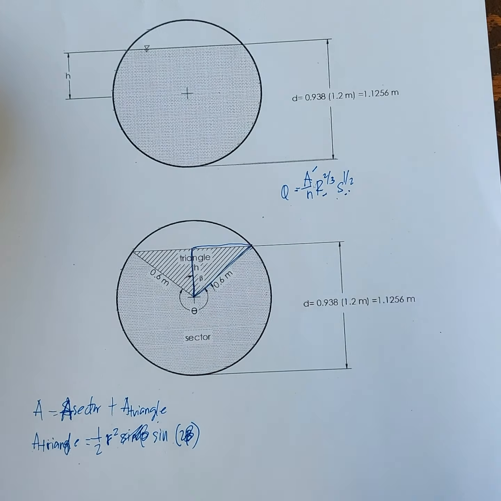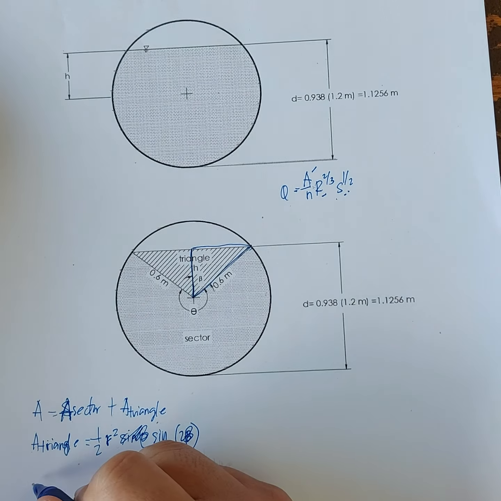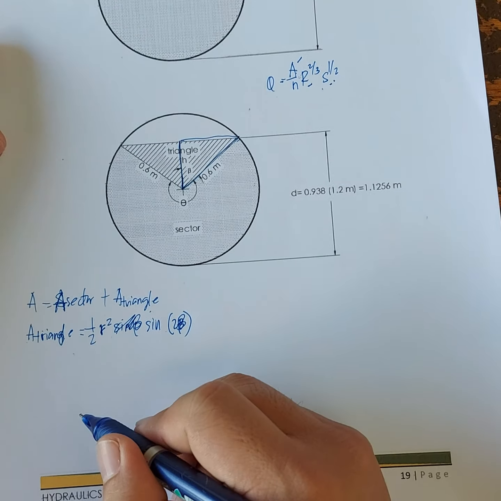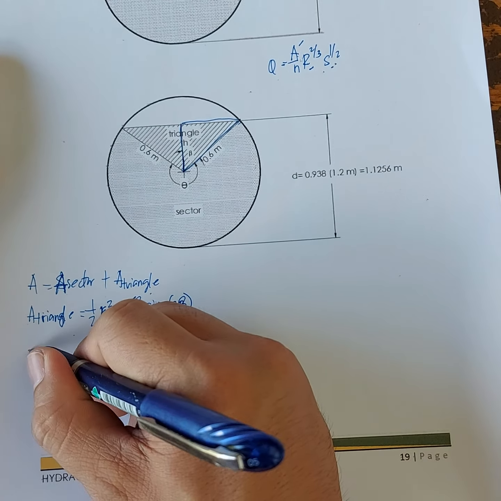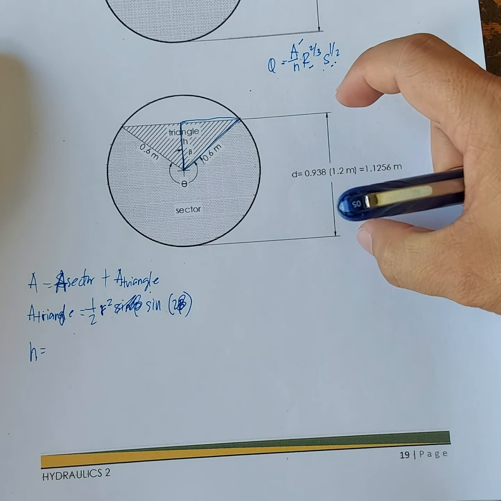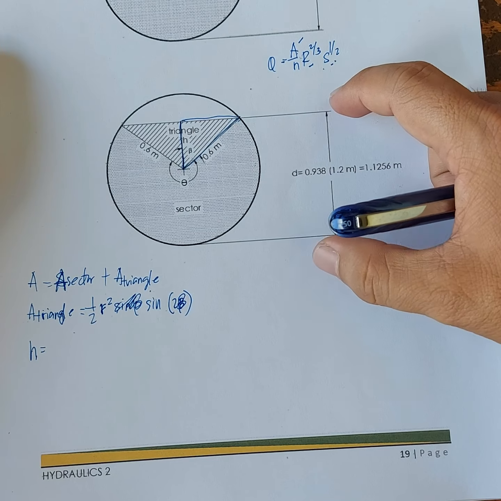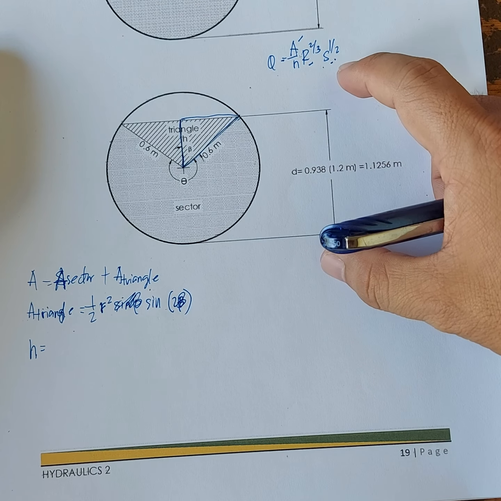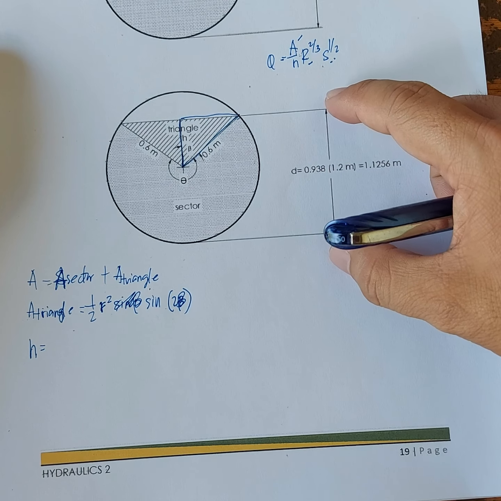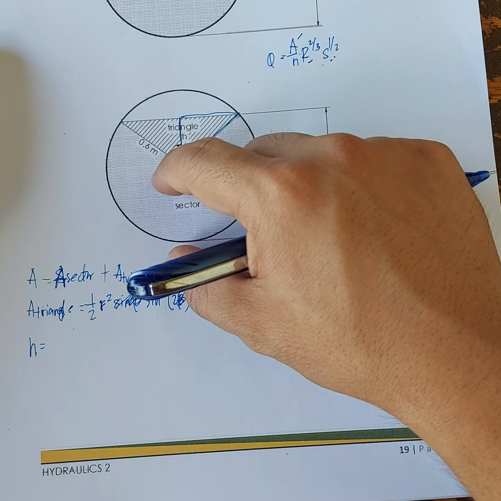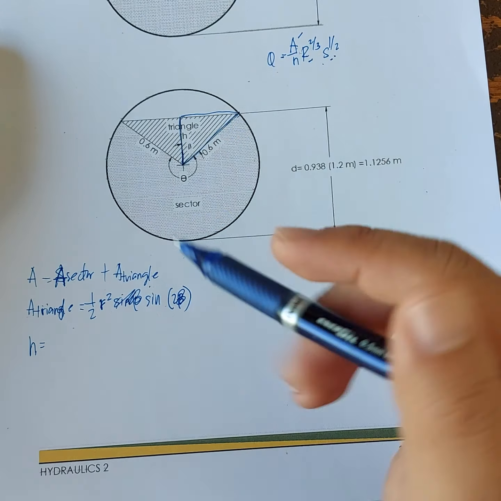I think it would be easier. So how do you solve for h? If we know this length, which is 1.1256 meters, then we can solve for h: 1.1256 meters minus the radius. That would give us the value of h.